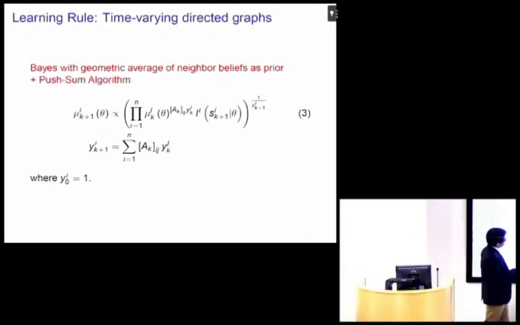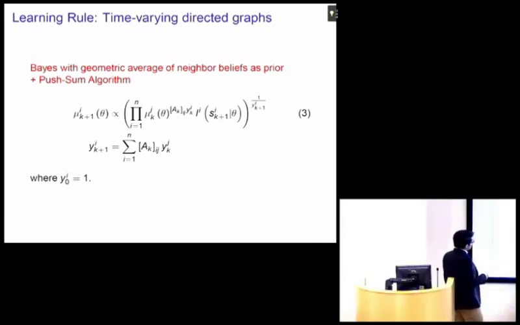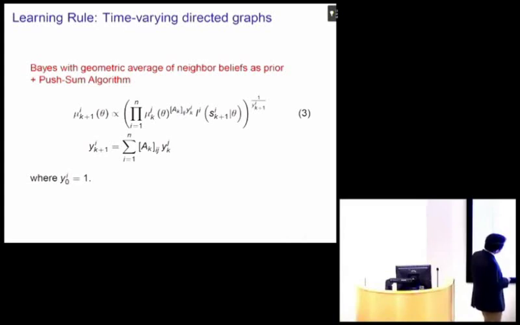When the graphs are directed, things get more complicated, and you need to use another type of machinery, specifically, for example, push-sum type of algorithms. So we have constructed this, taking ideas from push-sum, where you have, again, a geometric average of your priors, but with some specific version of your weights, and this extra random variable.